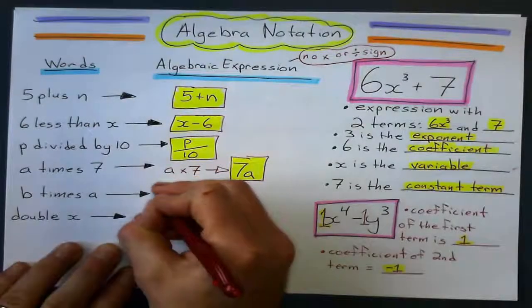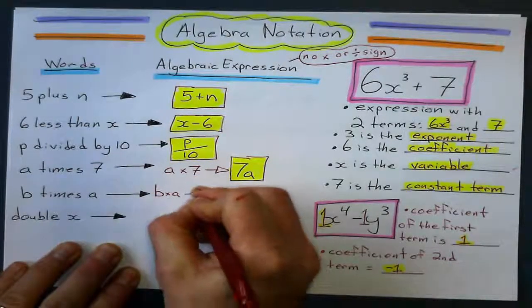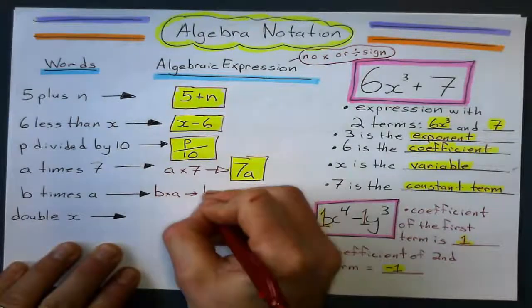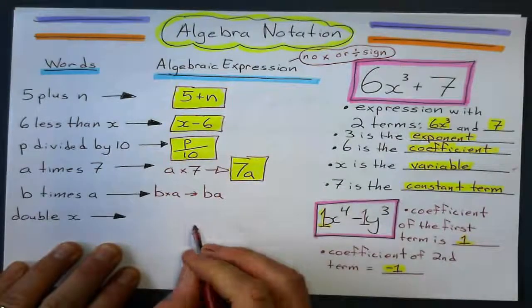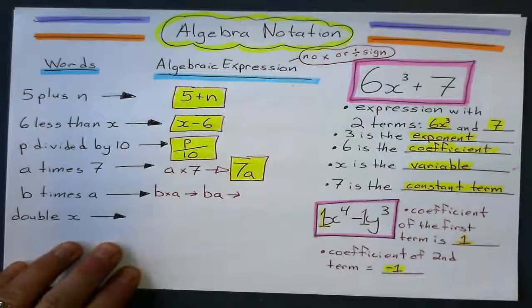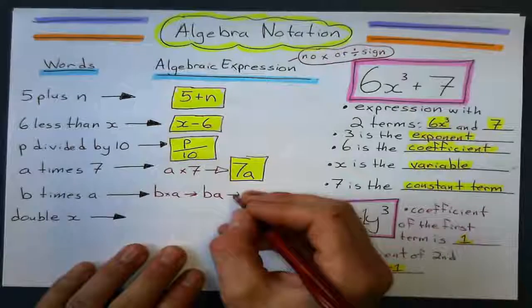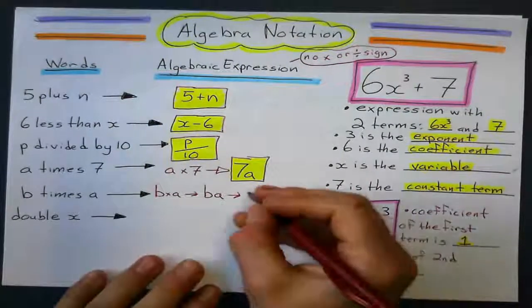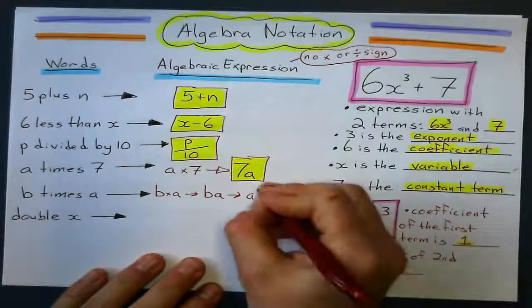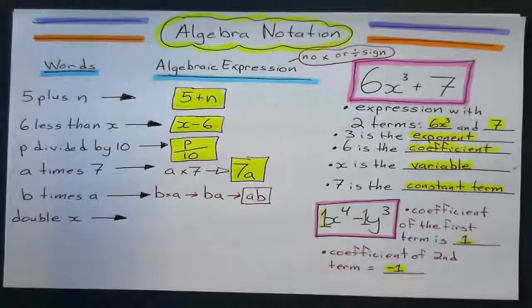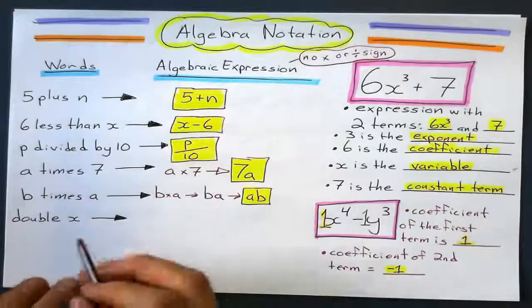B times a, that means b times a, but we don't write the times sign, so we write 2 letters, ba. But to keep it cleaner, this one's not super important, but if I have 2 variables stuck together by a times sign, let's put it in alphabetical order, because that's just an easier, more pleasing to the eye way of doing it.